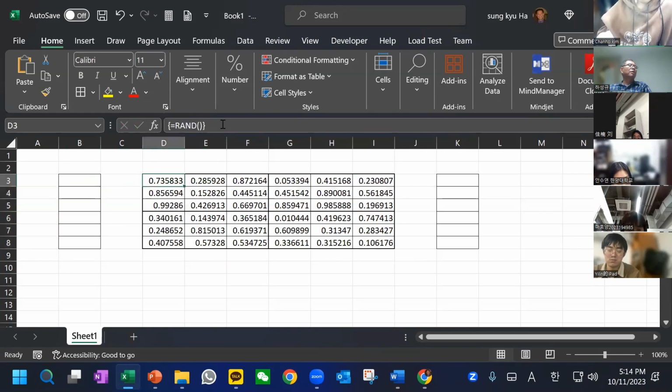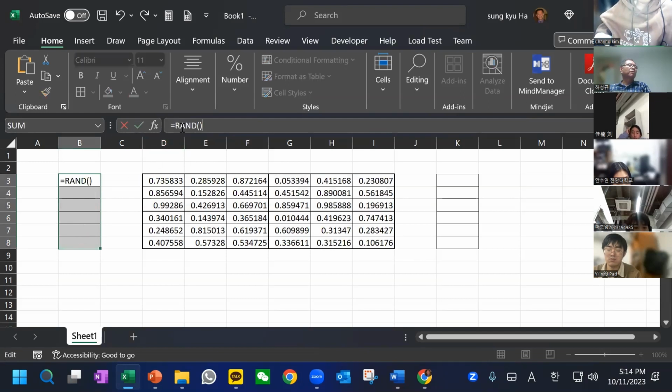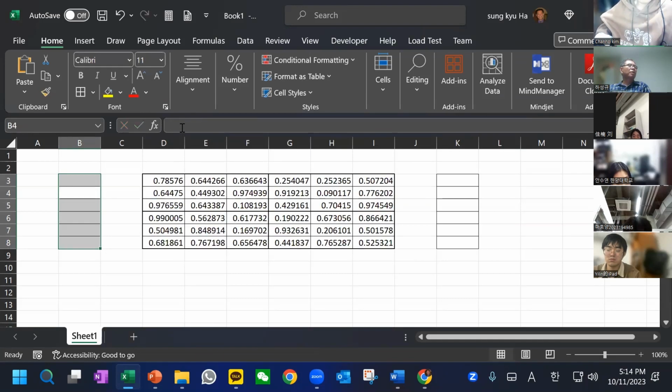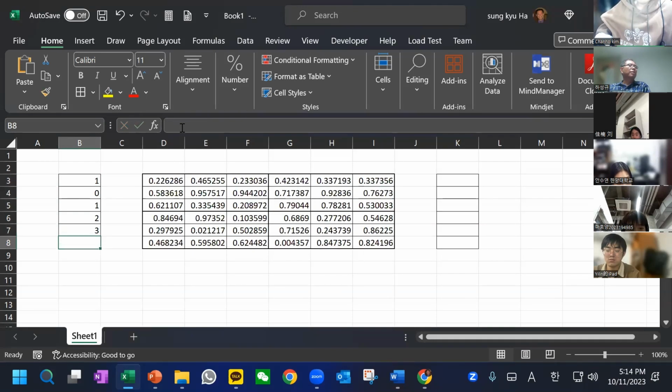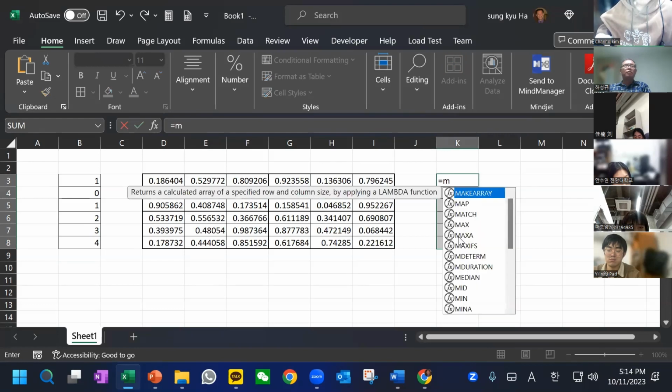This is going to be a given, and we just enter some values. Let's say this is going to be 1 and this can be 0, whatever load. Now the point is how we calculate this.